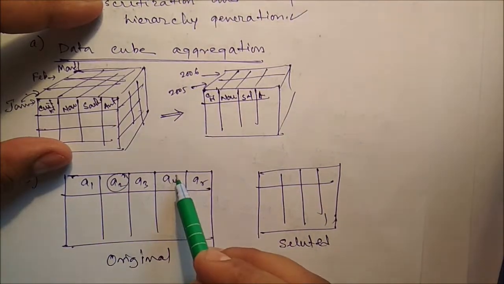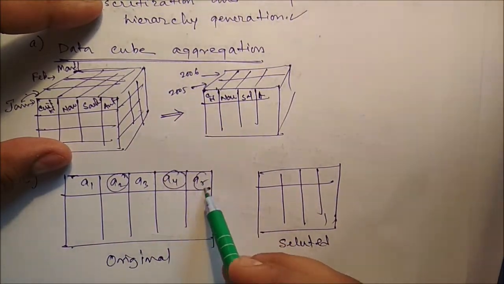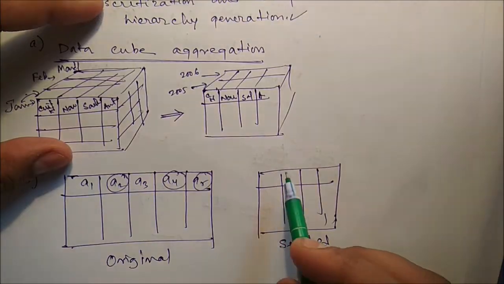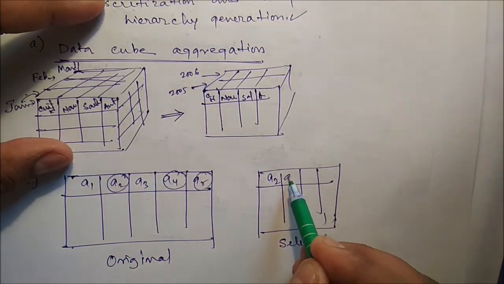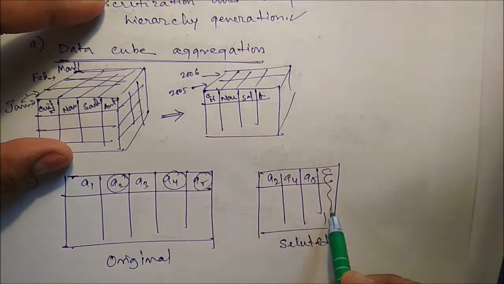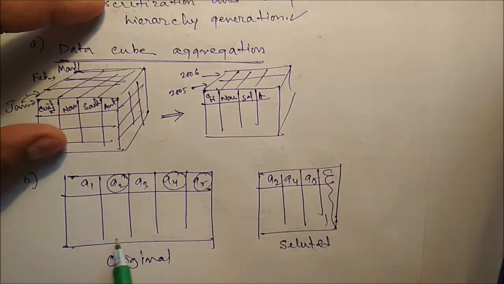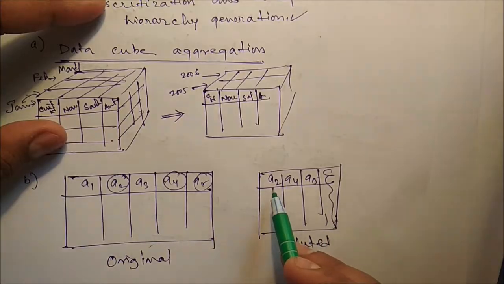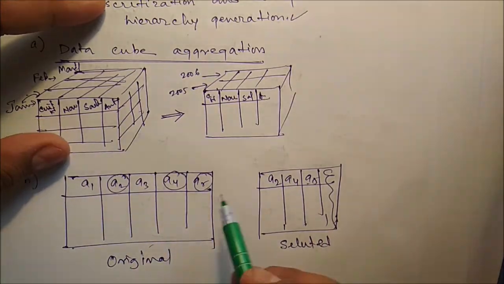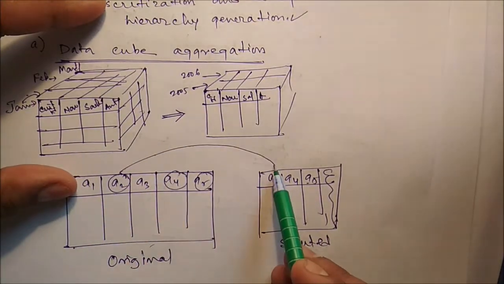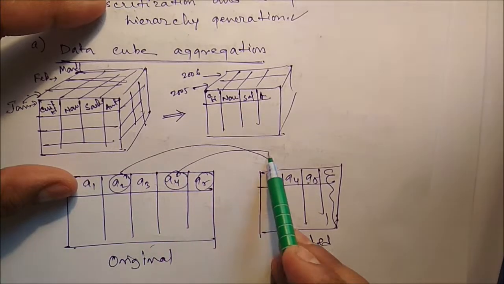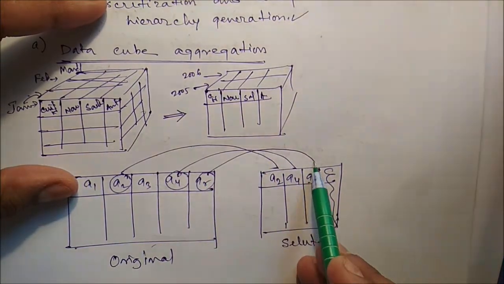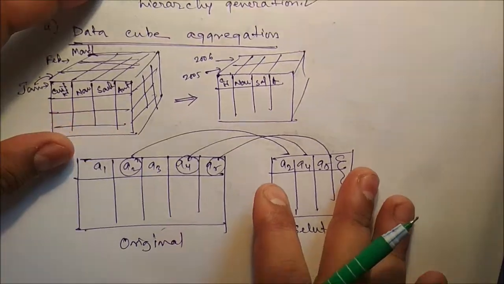Now we just select the best or relevant attributes for the data mining. Suppose A2, A4 and A5. So in the original database, a total of 5 attributes are there. In the selected database, only 3 attributes are there. That means here we are keeping the original values. We are not modifying or updating the original values.